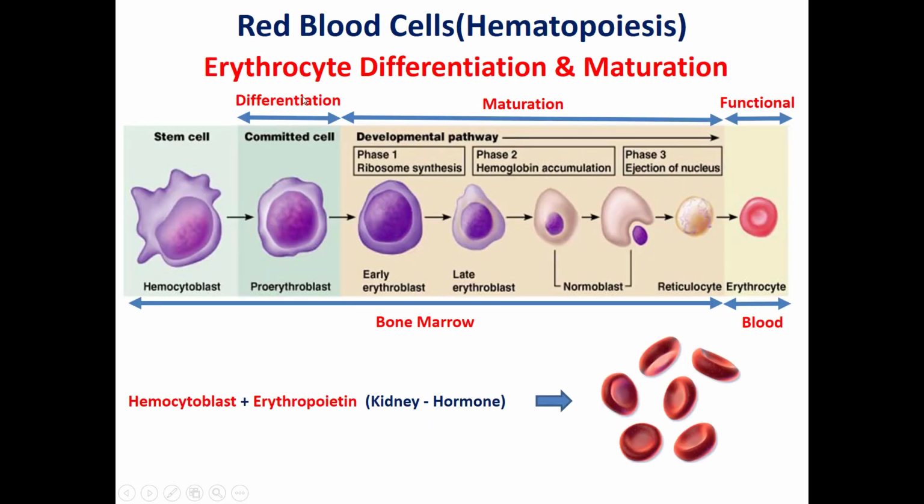I will take an example, the red blood cells or erythrocytes, to demonstrate this point. So inside the bone marrow, we have this stem cell, the hemocytoblast. First, differentiation is done. How is this differentiation done?